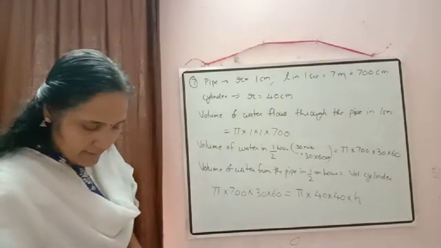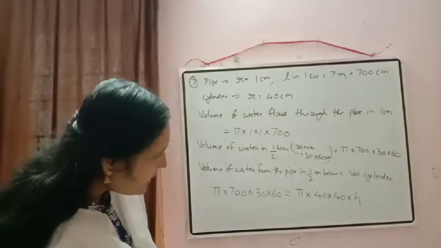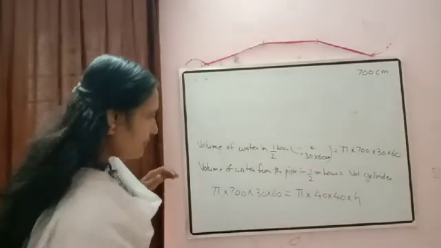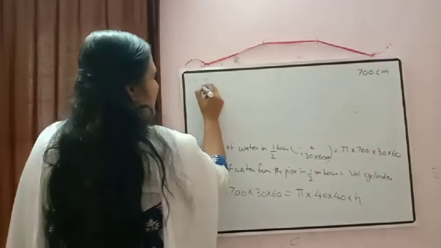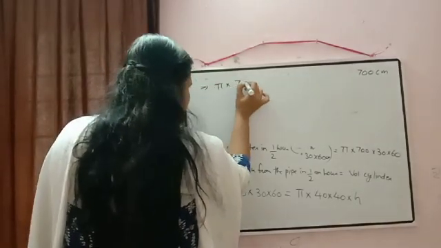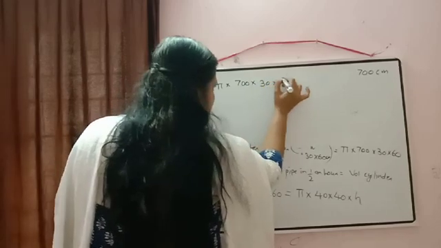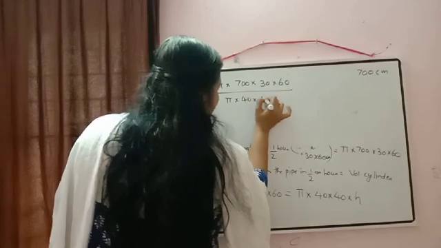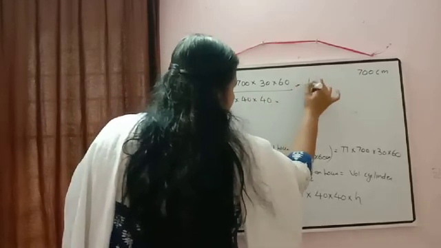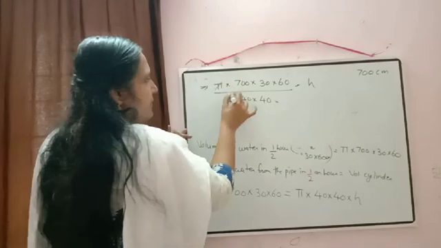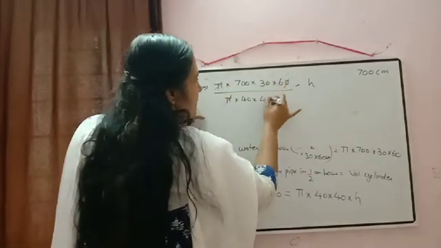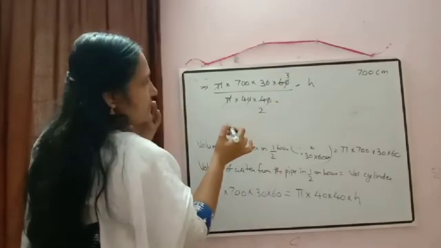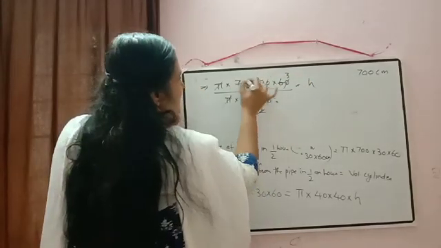So except height, all the rest of the things we can shift to the left hand side. So here it will be equal to pi into 700 into 30 into 60 by pi into 40 into 40 is equal to height. So pi and pi will get cancelled. 2 zeros will get cancelled here. 2 2s are 4. 2 3s are 6.